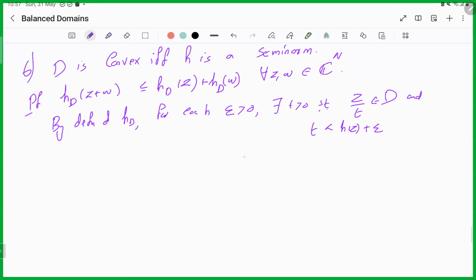Similarly, there is an s greater than 0 such that W by s belongs to D and s is less than H of W plus epsilon.